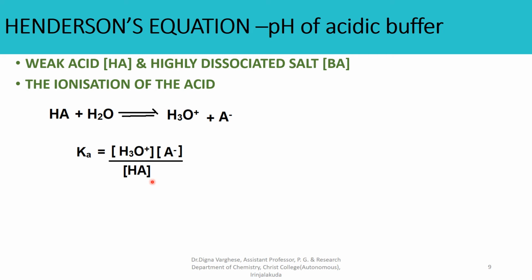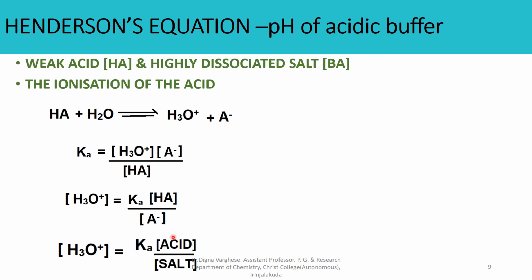Therefore, from this equation we can calculate the concentration of hydronium ion, that is equal to Ka into concentration of acid divided by concentration of A minus. In a more general way, the hydronium ion concentration is equal to Ka into concentration of acid divided by concentration of salt.